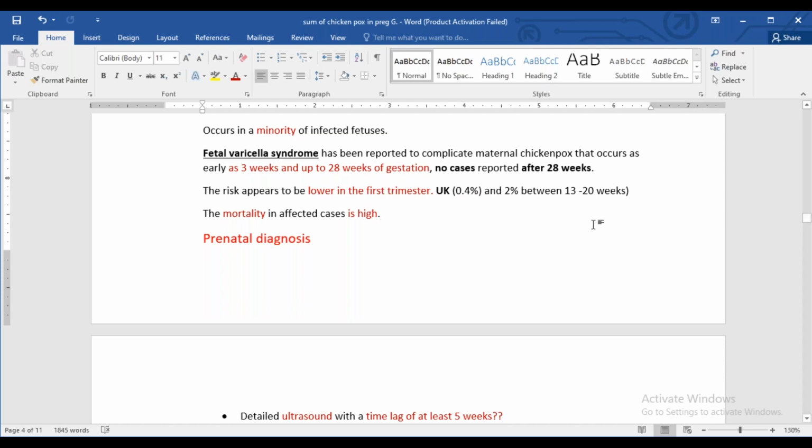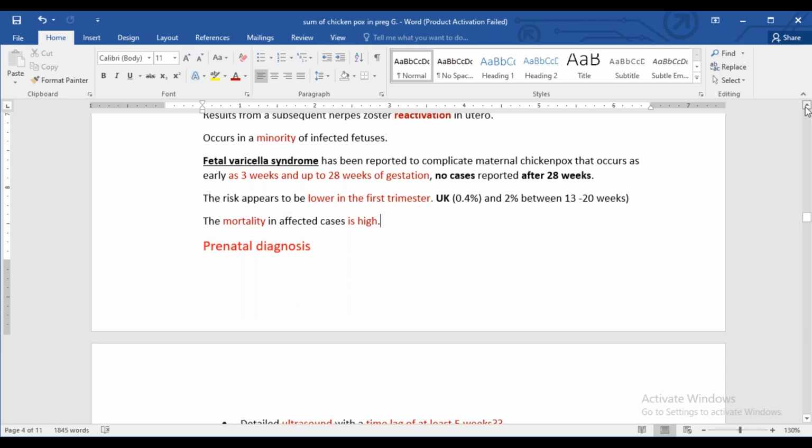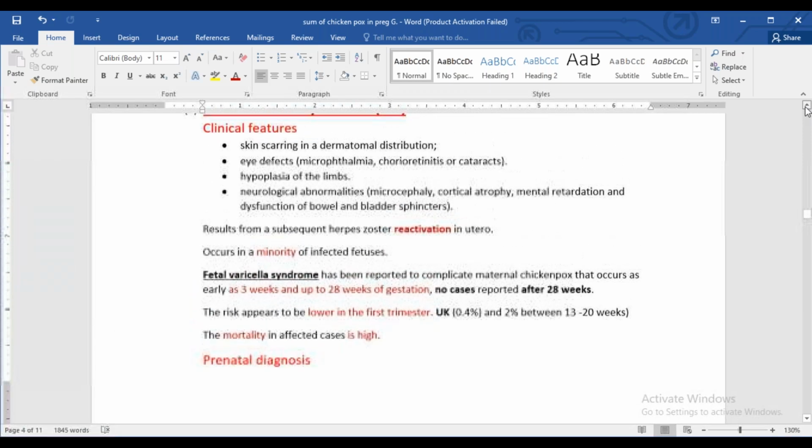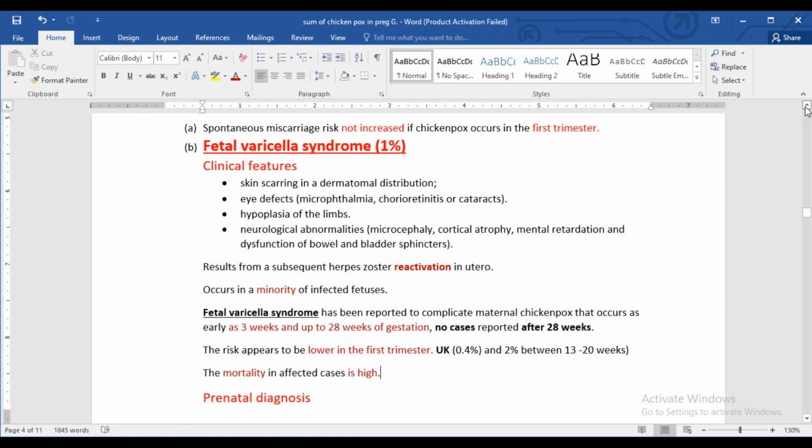So to summarize the points we have to know about the fetal varicella syndrome: number 1, it happens due to reactivation of herpes zoster in utero. It occurs in a minority of cases, 1%. It has certain clinical features: skin scarring in dermatomal distribution, eye defects, nerve defects, and limb hypoplasia.